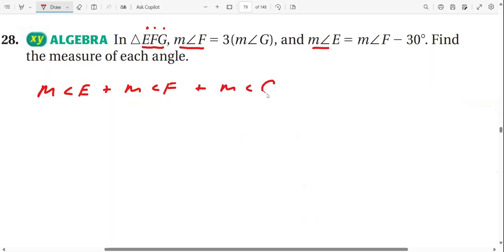What are they going to equal? Yes, 180. Very good. All right, so if we add them up, it should be 180. If measure of angle F is 3 times the measure of angle G, what can we call the measure of angle G and the measure of angle F?